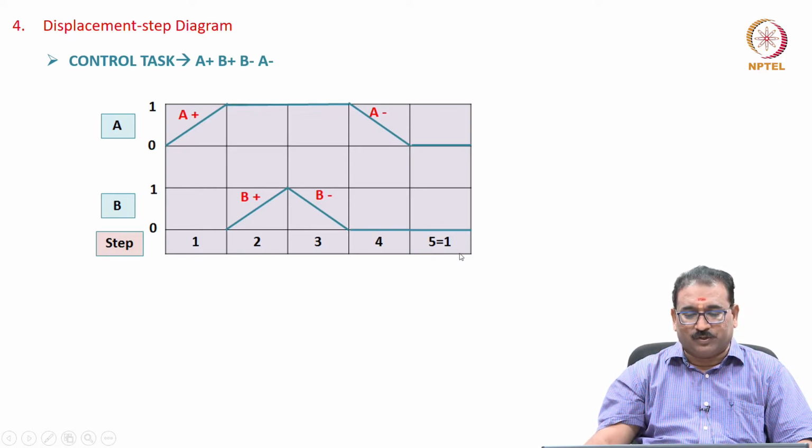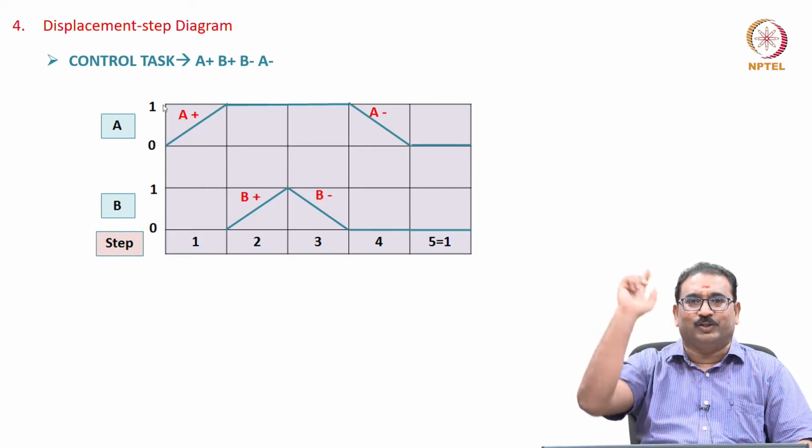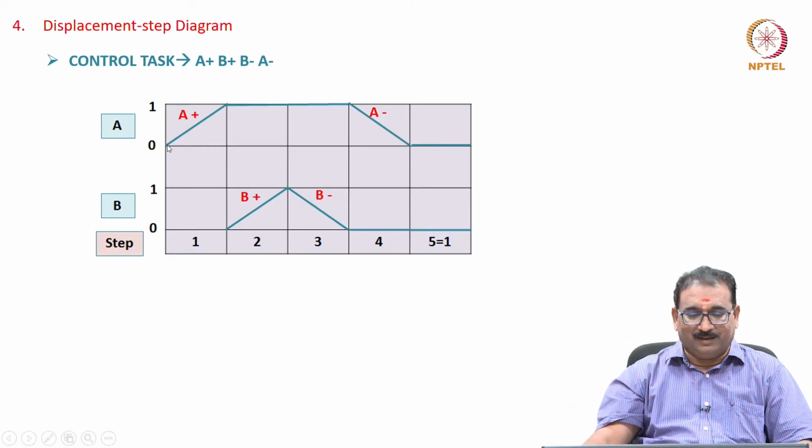These are the steps. You will see here, the control task from 0 to 1 means retracted position to extended position. First A will extend, A plus. At that time B will not extend.